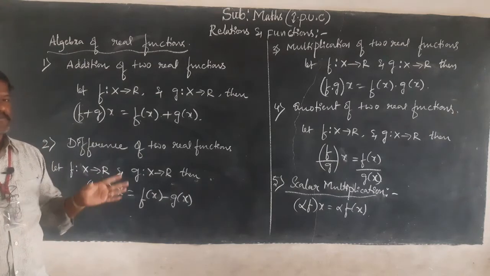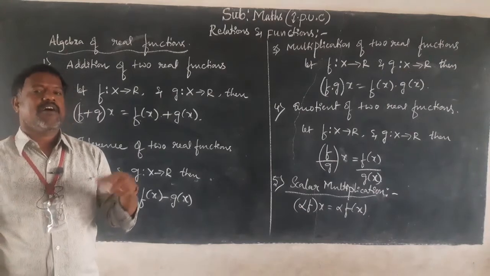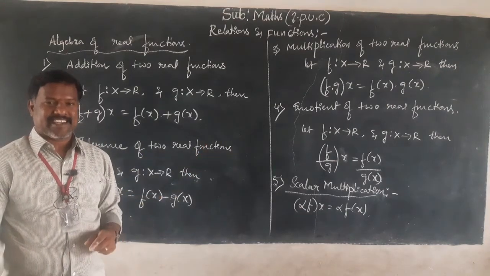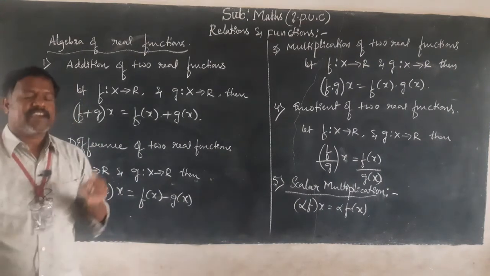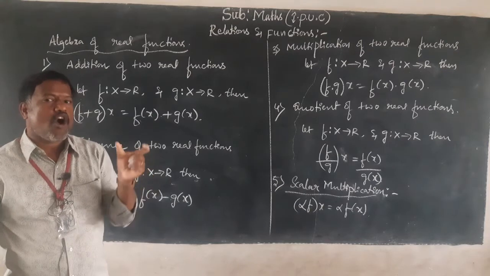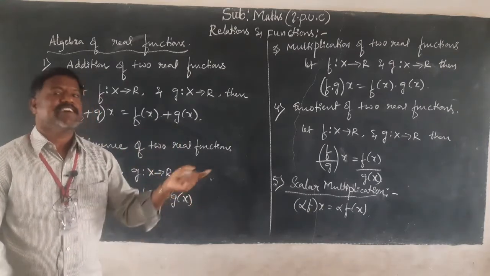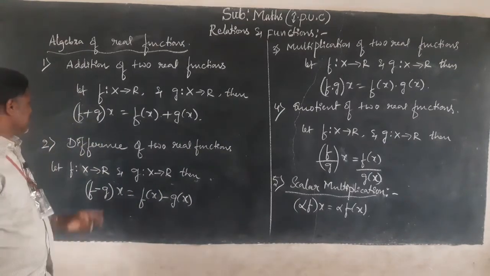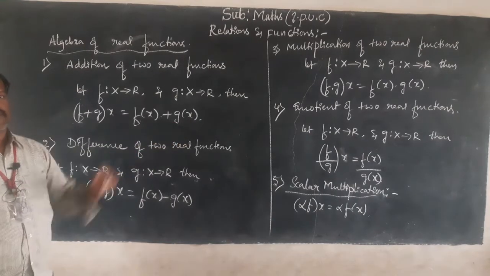It's very simple. For the two functions f of x and g of x, the addition is f plus g of x, which is equal to f of x plus g of x. The second one is the difference of two real functions.